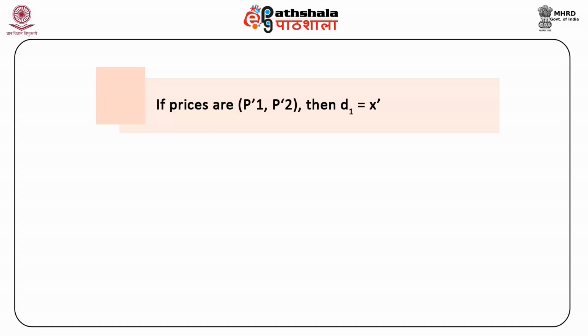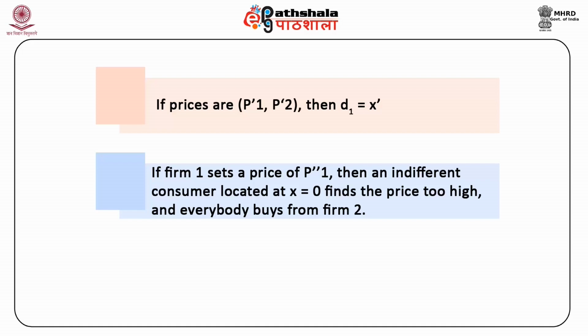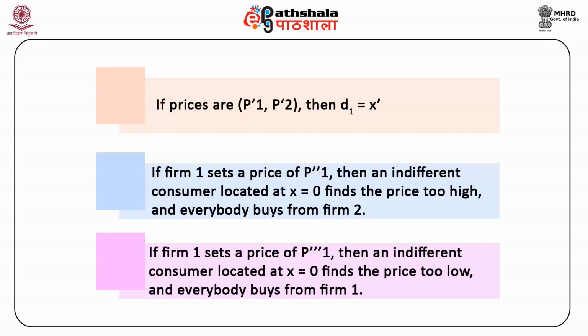Now, if we consider that firm 1 sets a price p1 and the indifferent consumer is located at x equal to 0, the price p1 will be so high that the consumer will prefer buying from firm 2. On the other hand, when firm 1 sets a price p1 and the indifferent consumer is located at the other end, x equal to 1, the price will be very low and all the consumers will prefer buying from firm 1 only.